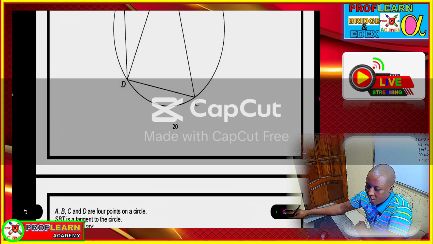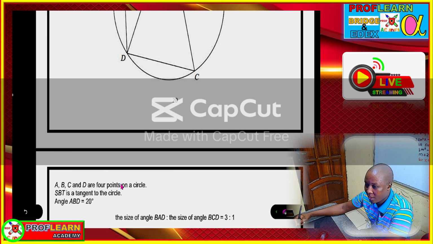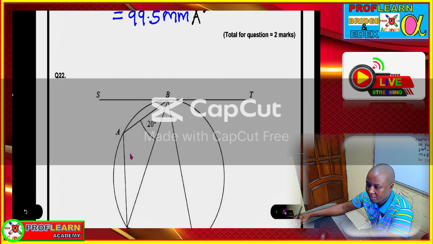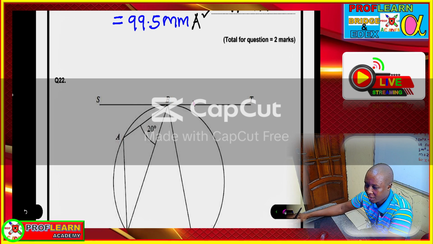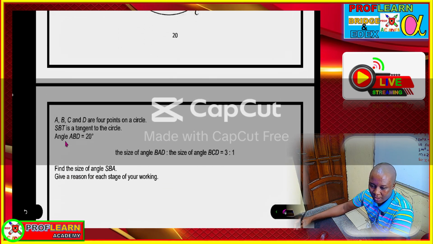We are supposed to work out ABC, a point on the circle. SBT is a tangent. We are having a tangent there. SBT is a tangent, and the tangent touches the circle at one specific point. And we are told that angle ABD is equal to 20 degrees.